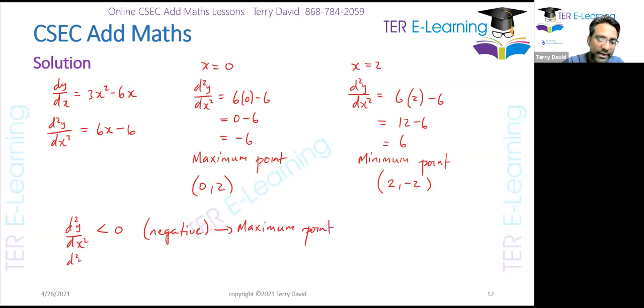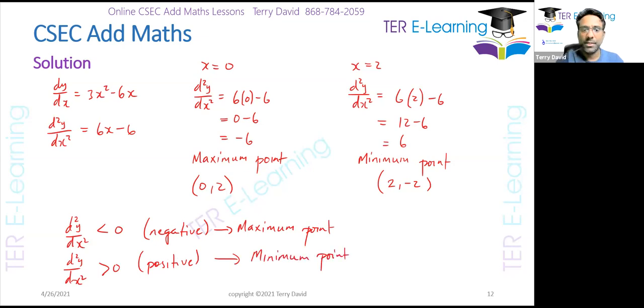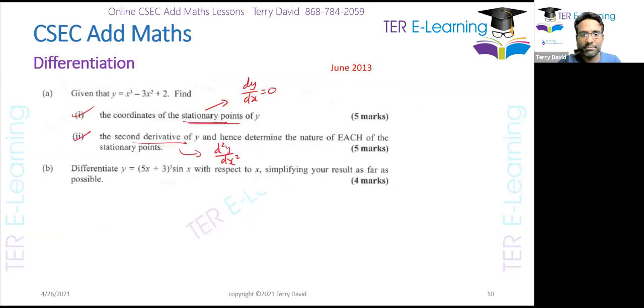If d2y dx squared is greater than 0, that means it's positive, that corresponds to a minimum point, right? So that's the solution for part 2 of this question, where we had to determine the nature. When they say nature, they mean maximum or minimum.